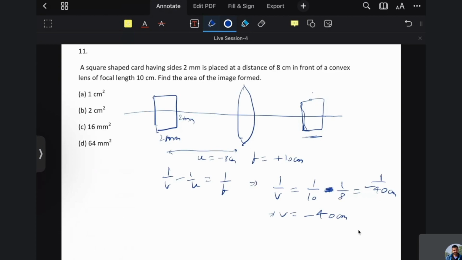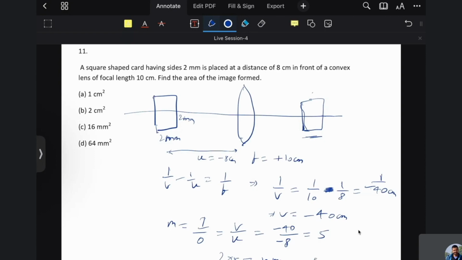And magnification is given by image height by object height, equal to v by u, which is minus 40 by minus 8, equal to 5. So the image is getting magnified 5 times, correct? And so this 2 mm length and breadth that we have will now become 2 into 5, that is 10 mm, right?